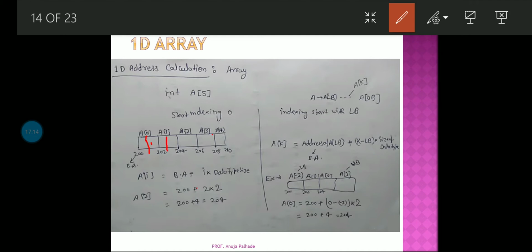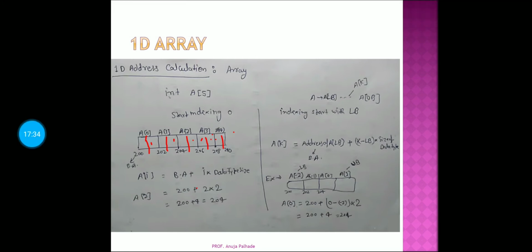Again in the next element, this is 202 and another one is 203. Then this is the 204 block and this is the 205 block. Then this is the 206 block and this is the 207 block. Now this is the 208 block and this is the 209 block, likewise.